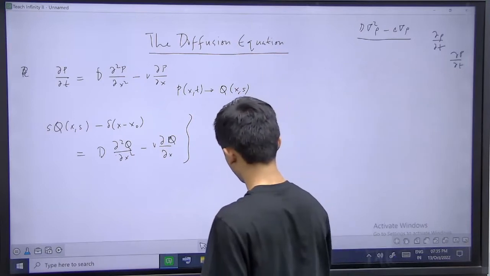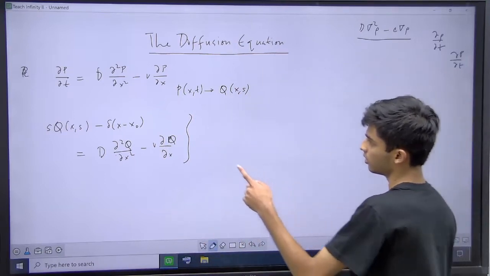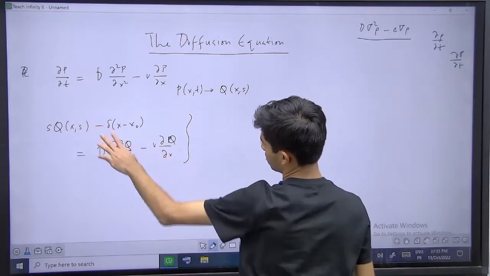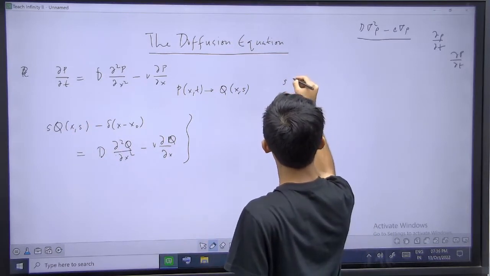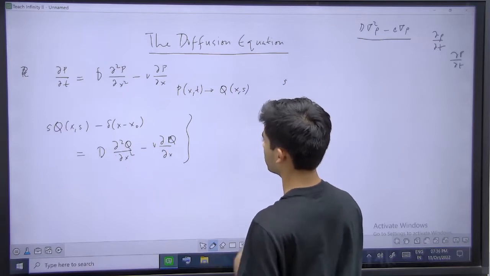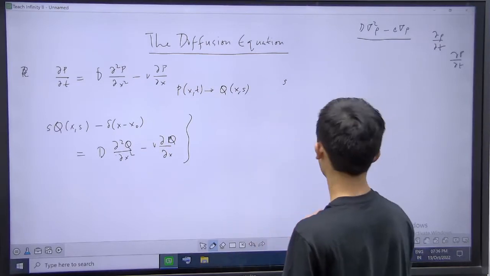I'll just erase it. So now this time the Fourier transform doesn't affect any of this. Okay, I will just rearrange this a bit.